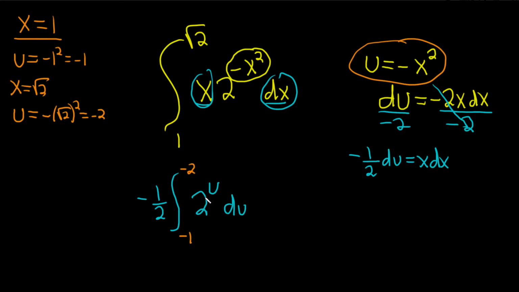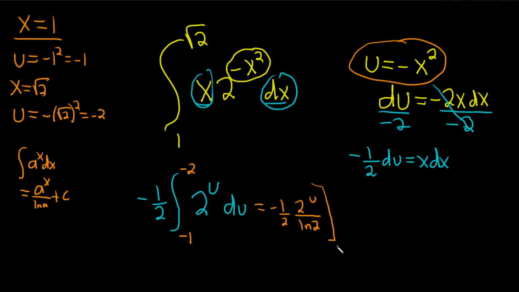The formula to integrate something like this, if you have the integral of, say, a to the x dx, the formula says you just get a to the x over the natural log of a plus c. So here it'll be negative 1/2. A is 2, so it's 2 to the u over the natural log of 2. But this is a definite integral, so we don't need the plus c. So we just put a bracket and write down our limits of integration like that.